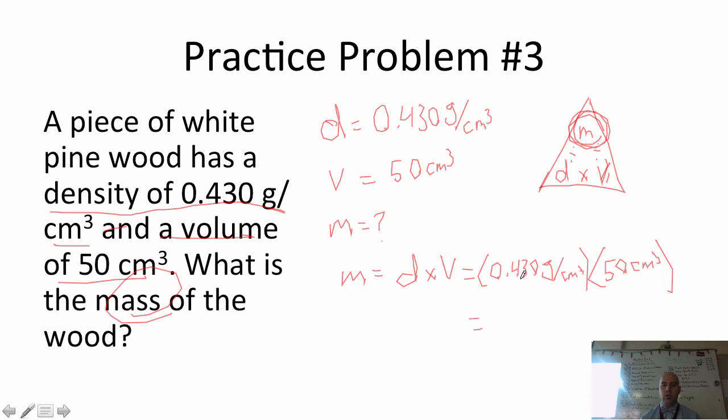So 0.430 times 50, what does that give us? 21.5? Yeah. So our mass is 21.5. And what are our units going to be? Grams.